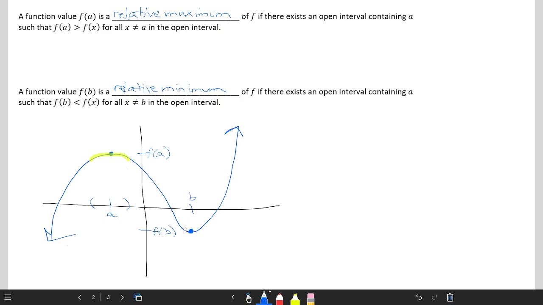Here's our x value, b. And this is not the lowest y value we see on the graph because over on the left side it's going down forever, but in this little open interval around b, if we look at what the function is doing there, that point corresponding to the x value of b is the lowest one in that little area. So f of b is a relative minimum.